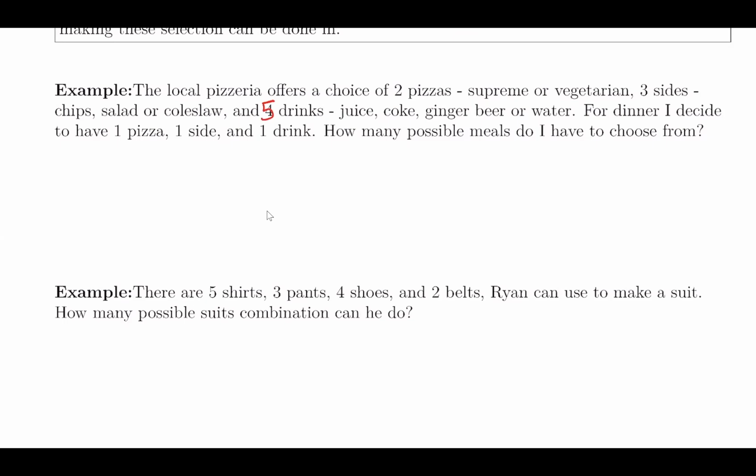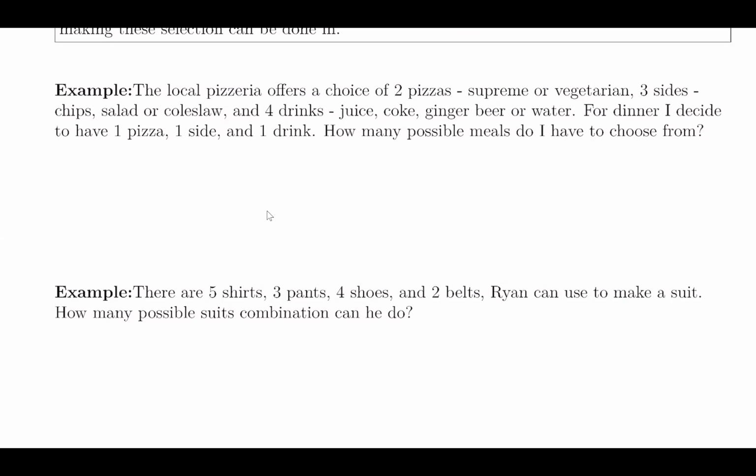Oh no, wait, it should be 4. I put ginger and beer separate. So you have juice, Coke, ginger beer, and water. So for this one, it said for dinner, I decided to have 1 pizza, 1 side, and 1 drink. How many possible meals do I have to choose from?